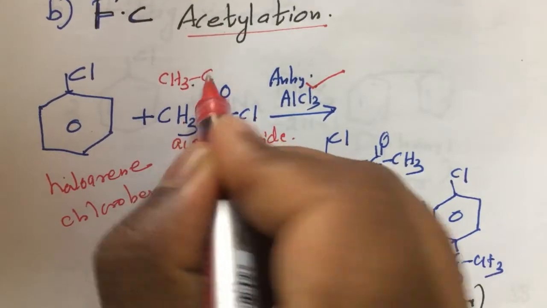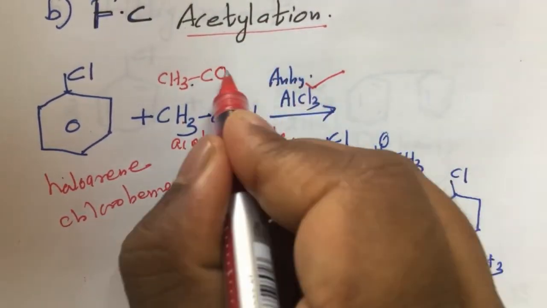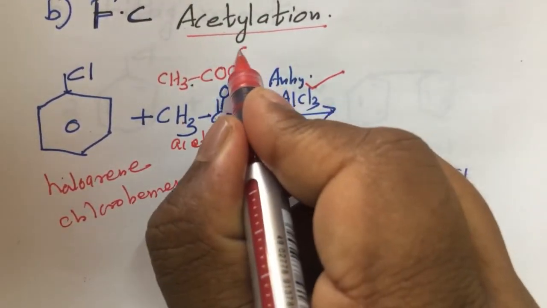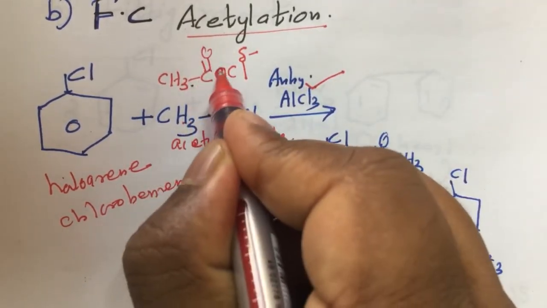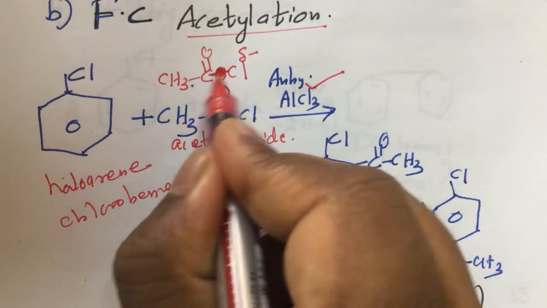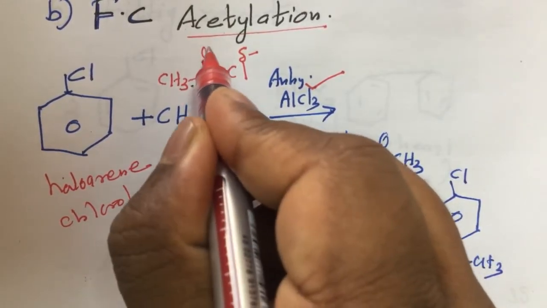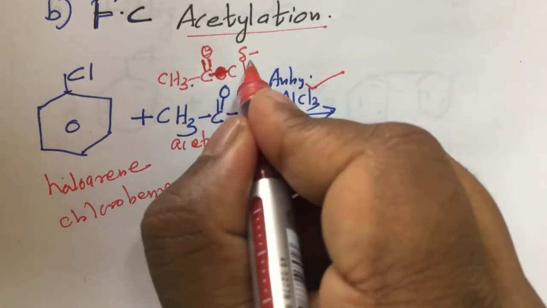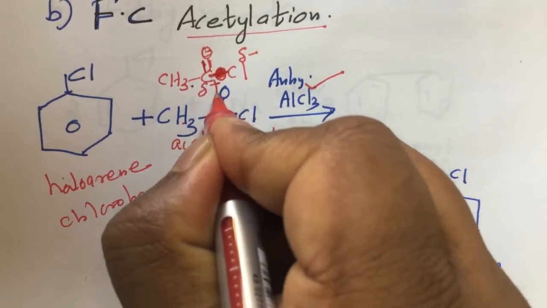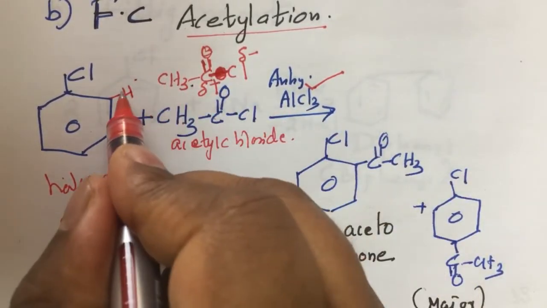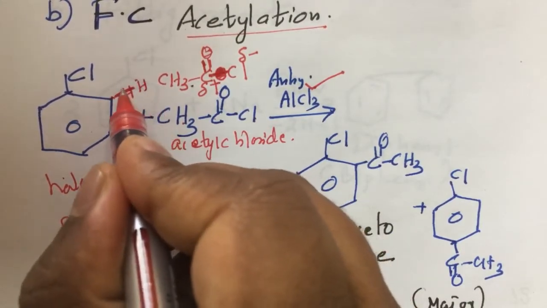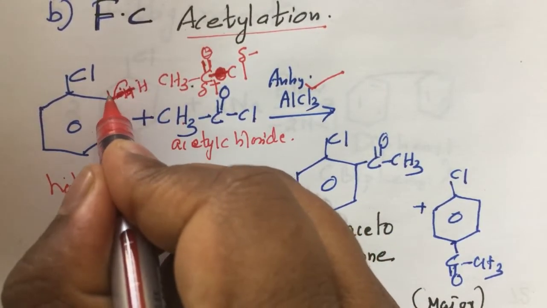CH3COCl, we can write CO like this, Cl. Then Cl is delta negative, C double bond O. Write it like this, that is better. C double bond O, Cl. Then Cl is delta negative, this carbon is delta positive. Then take H from here. As in the first step I said, these 2 electrons will shift to the carbon.